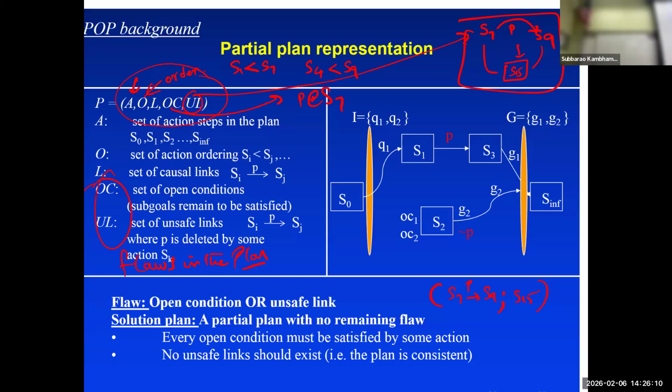Okay, so once again, all I'm saying is that if you have S1, A1, and A1 already has, let's say, preconditions P1 and P2, and it has an effect E1 and S2 requires E1, you normally would have just put this thing, and then these would be the two open conditions that you need to work on.